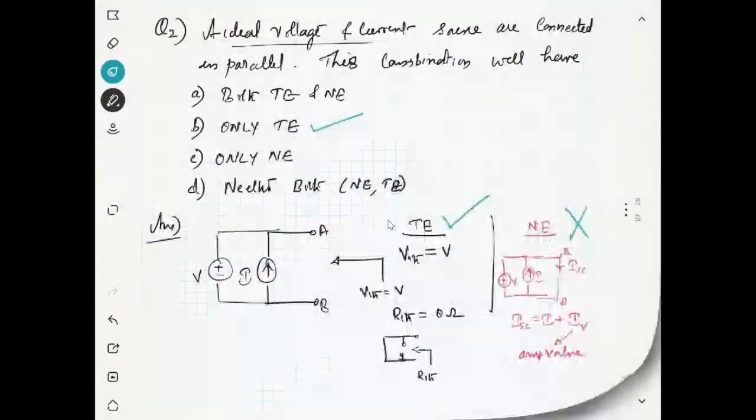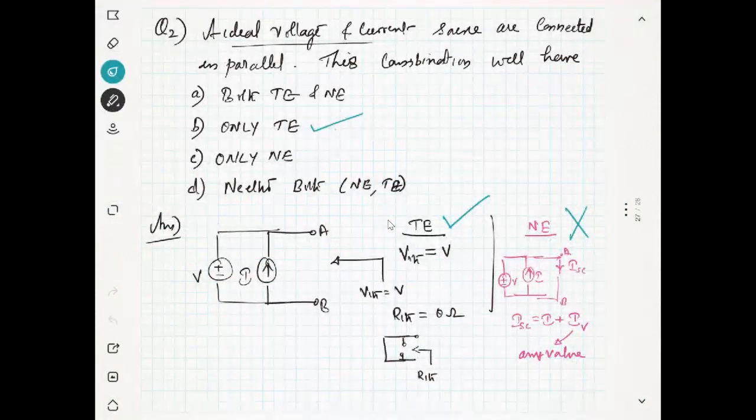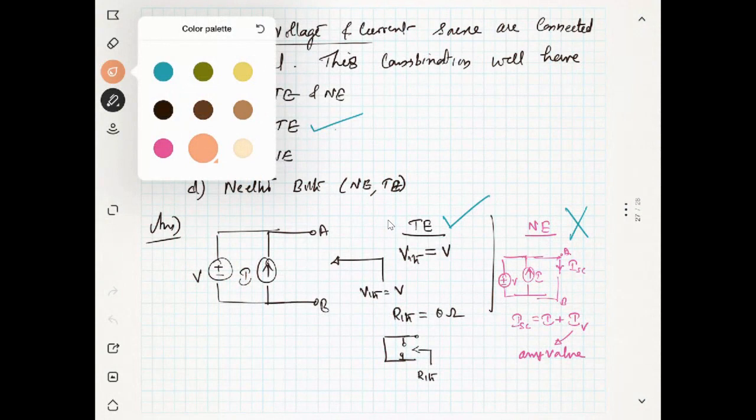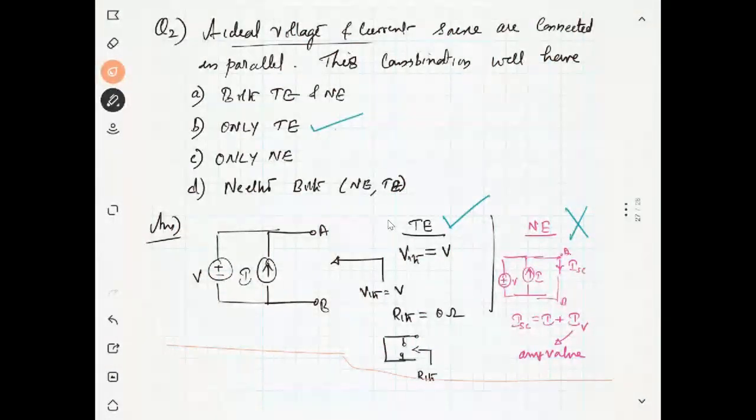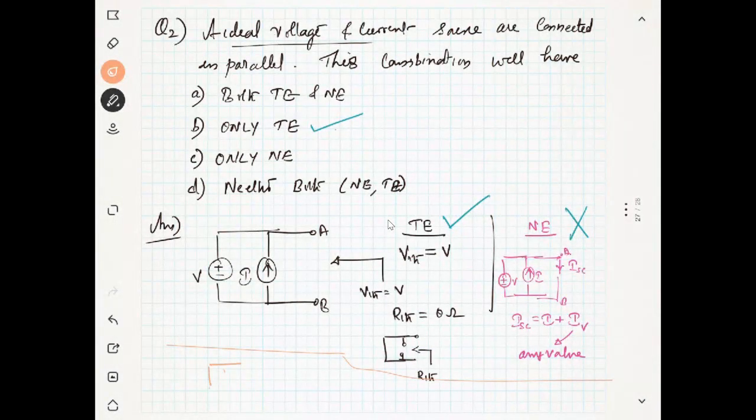In the previous problem, you have V Thevenin equal to V, and R Thevenin equal to 0. This is A and this is B.